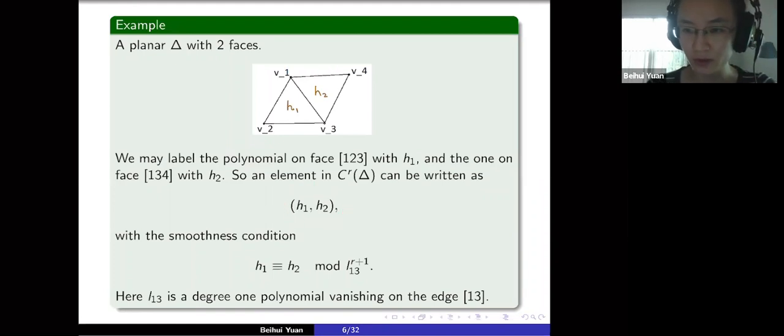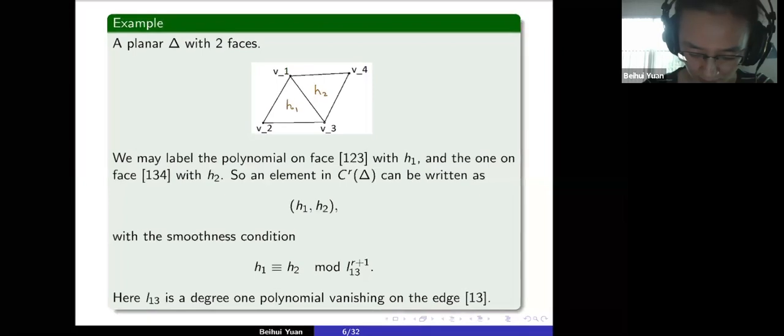And also don't forget, we require some smoothness on the boundary. Therefore, the condition should be that the difference between these two polynomials is some polynomial multiplied by the linear form to the r+1. The linear form is the one which vanishes over here, okay? And this is what an element in C^r of delta looks like.